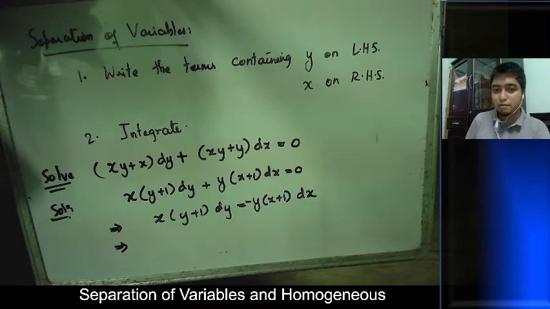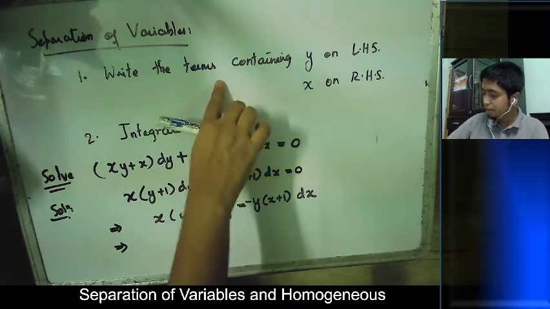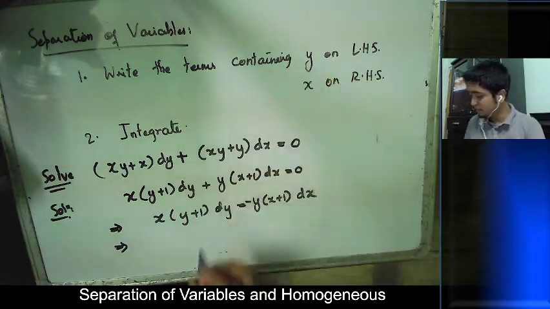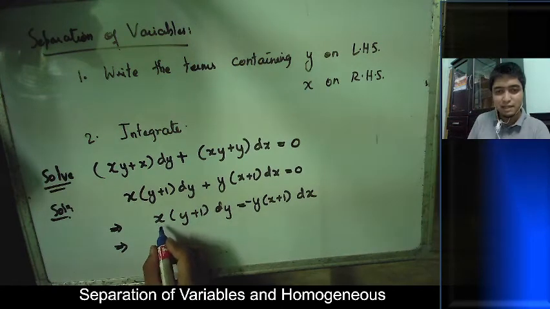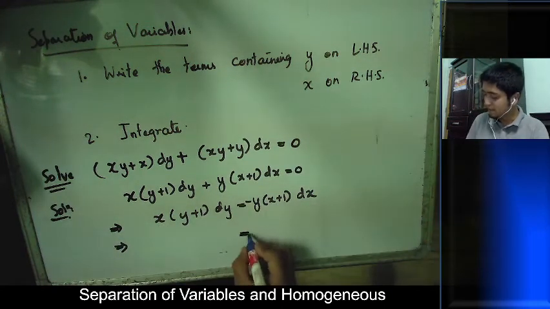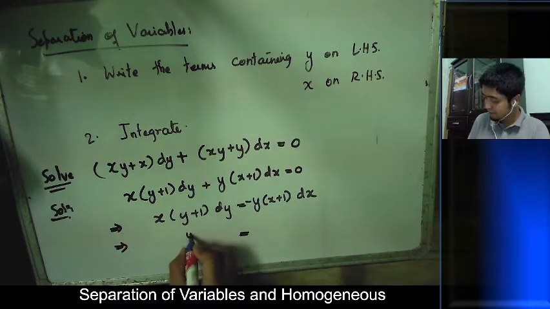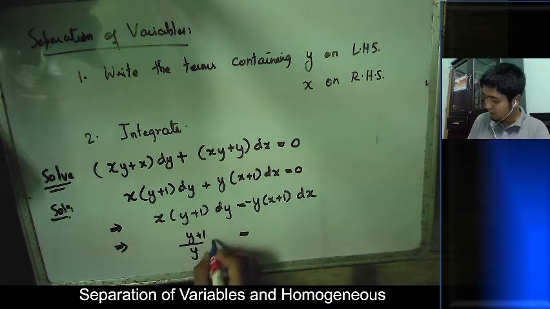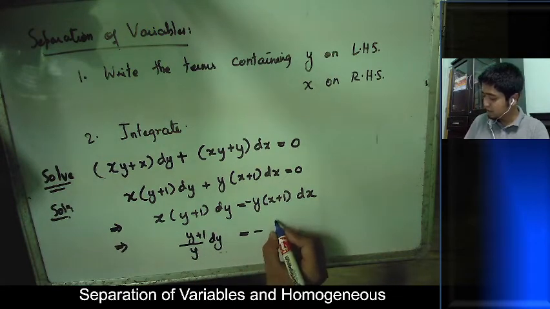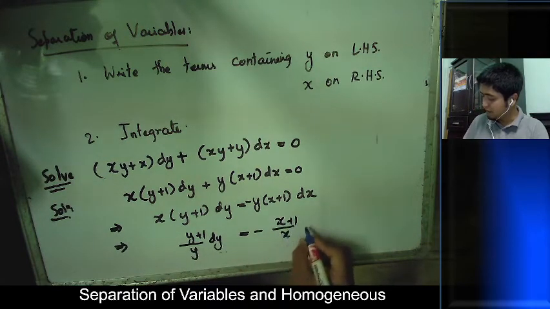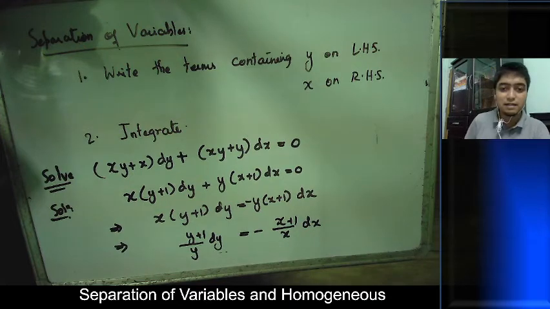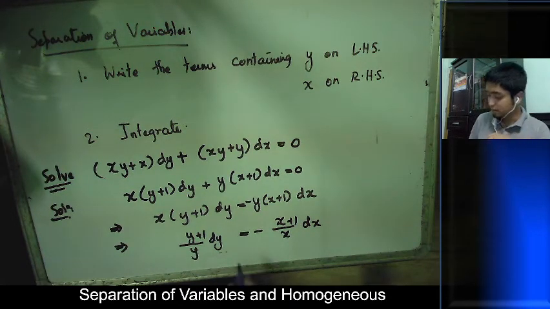So now what can we do? If you take a look at the rule, all terms containing y on the left hand side. So this is a term containing x, we will have to take it to the right hand side. And this is containing y, so we'll take it to this side. y plus 1 upon y dy equals x plus 1 upon x dx. So this is what we achieve.